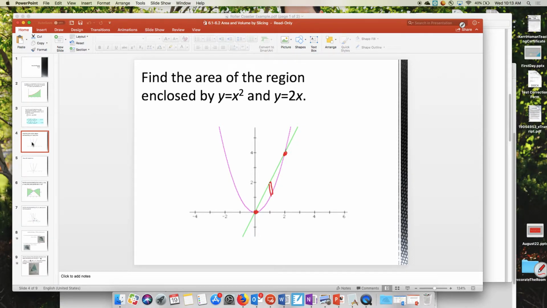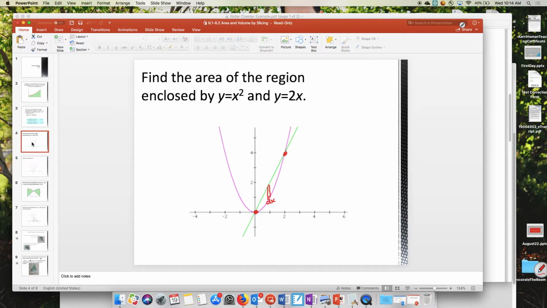Now I know that Mr. Griebel might not have been as picky as I am about rectangles, but when we get into volume, I want to see that rectangle. So that rectangle that I drew has thickness dx. It's supposed to be vertical. It doesn't look quite vertical, does it? This is just going to help us know which variable we're integrating with respect to.